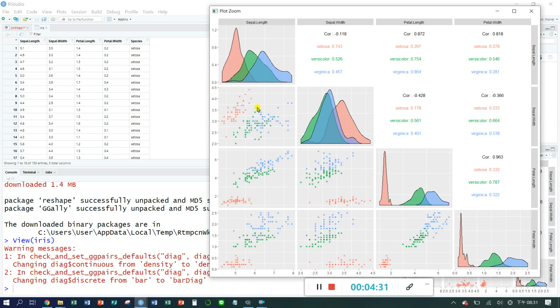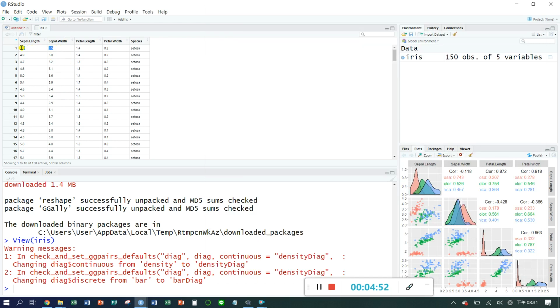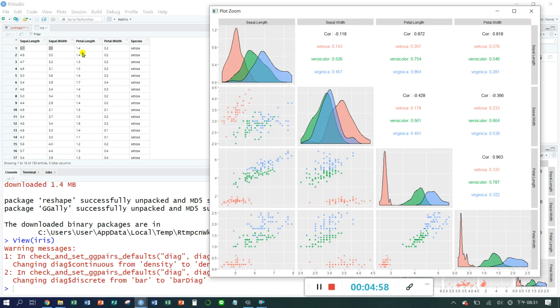This diagram draws the pair of sepal length and sepal width, which are the first column and the second column. In the first observation, the sepal length is 5.1 and the sepal width is 3.5.